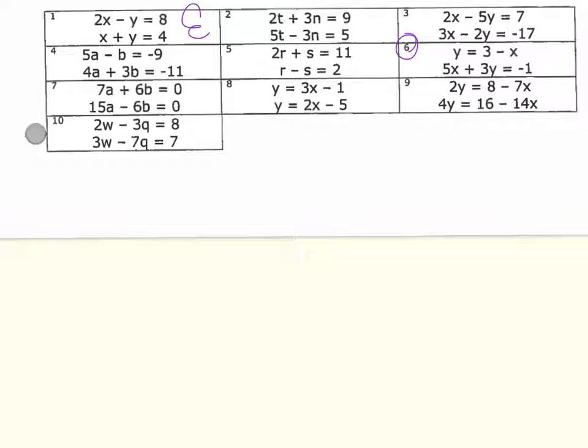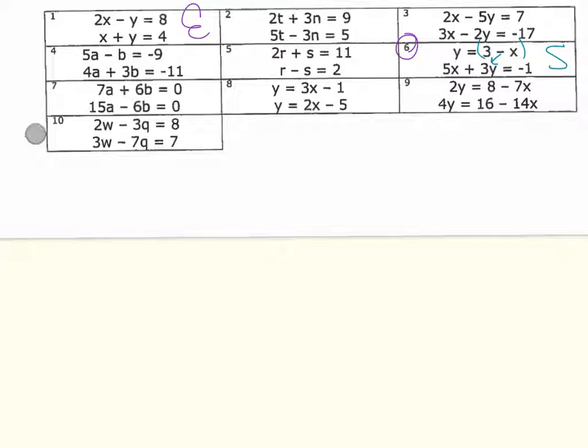So when we are thinking about solving a system, if you have one equation that's already solved for a variable, like y equals, that would be a good indicator that I want to use substitution, right? Because substitution is when you can substitute in this 3 minus x into the y spot of the second equation. And that would be a pretty simple process here.